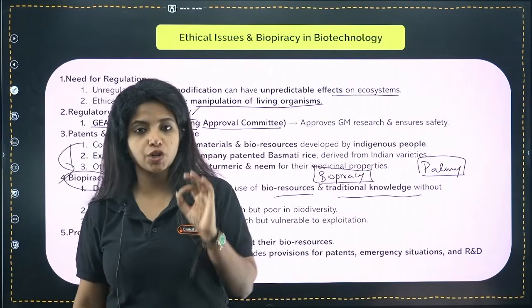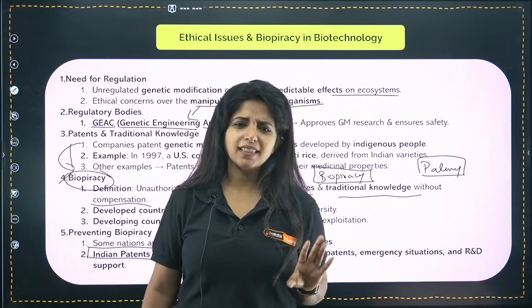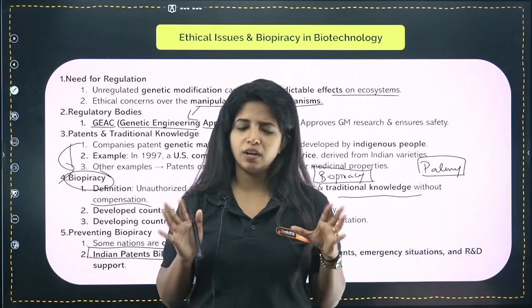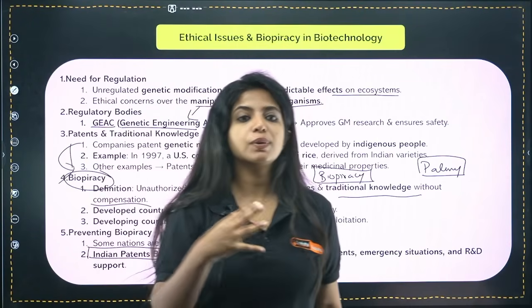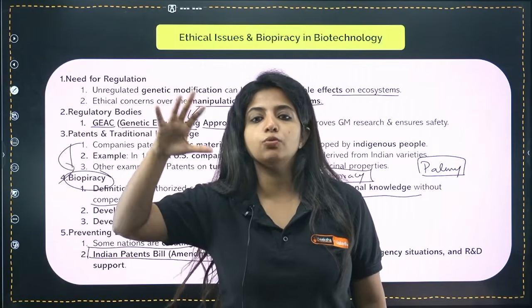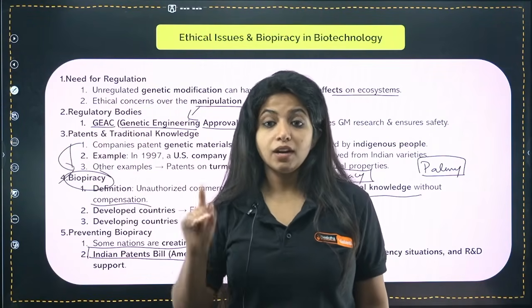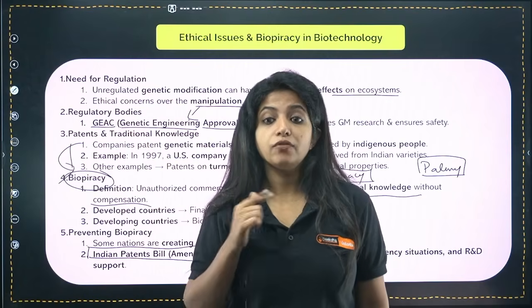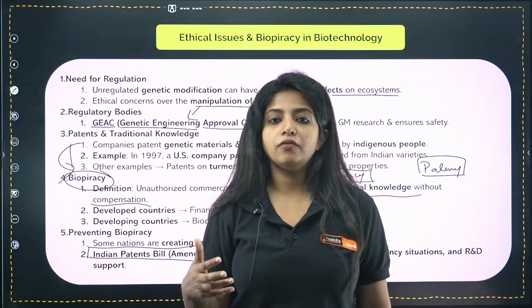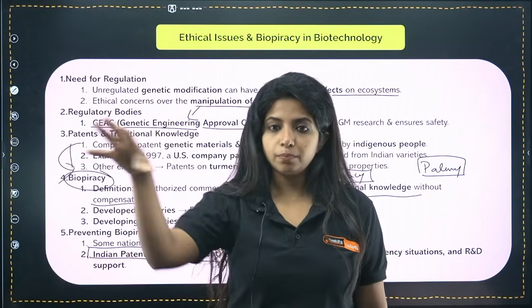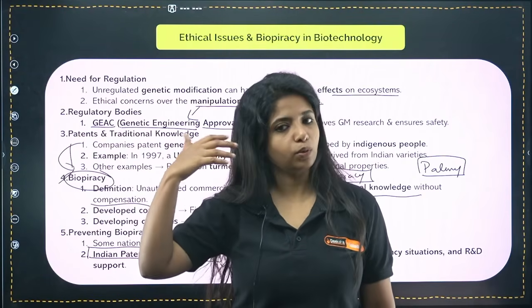GEAC stands for Genetic Engineering Approval Committee. Without its approval, you cannot go ahead with the genetic engineering process. The second thing we need to have in our brain is the term patency. Patency means you are getting the right to say that no one else can do any production or selling of it. If someone does it in an unauthorized way, without giving proper compensation to the people you took things from, this will be known as biopiracy.